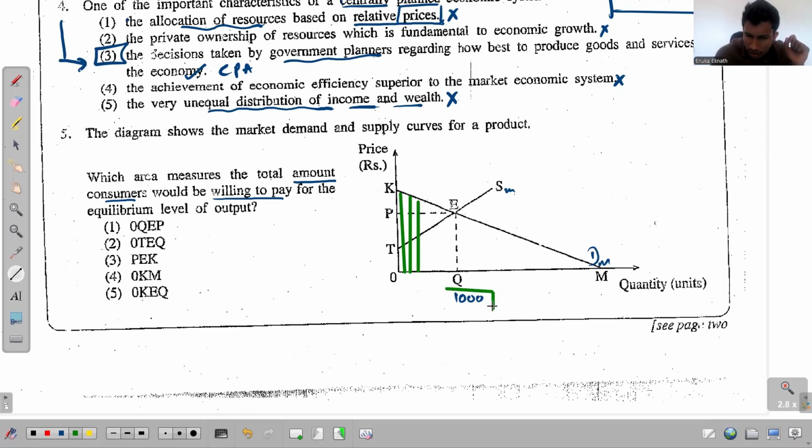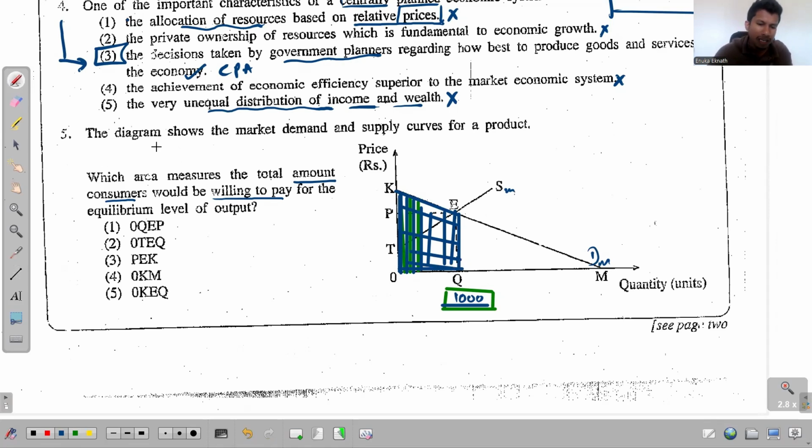If the equilibrium quantity is just 1000 units, then the total area from unit 1 to this 1000 unit, this entire region will show you the total amount that these consumers are ready to spend to purchase this quantity. So that is this entire shaded part.